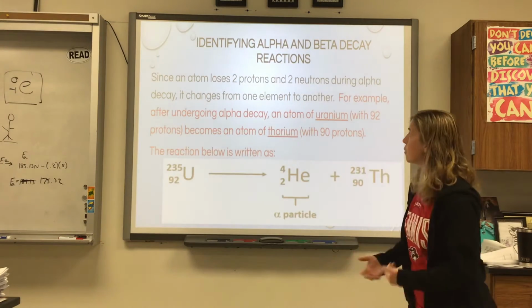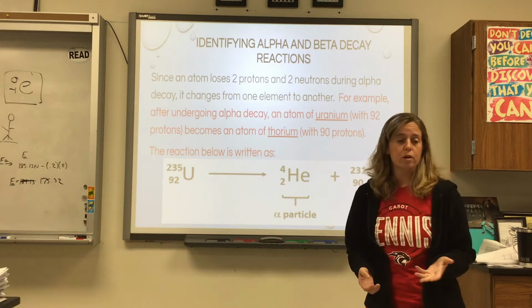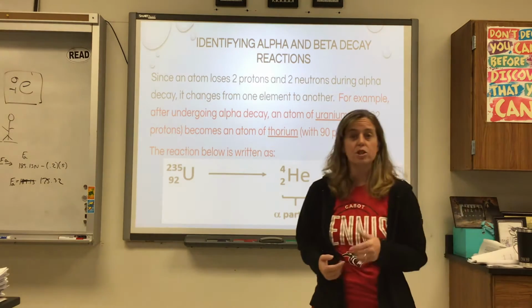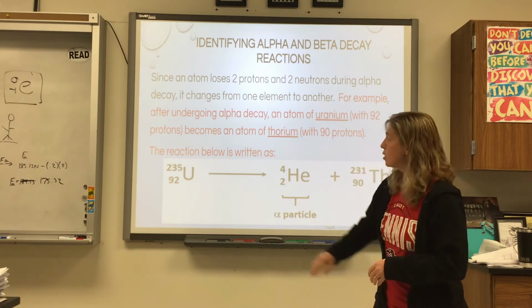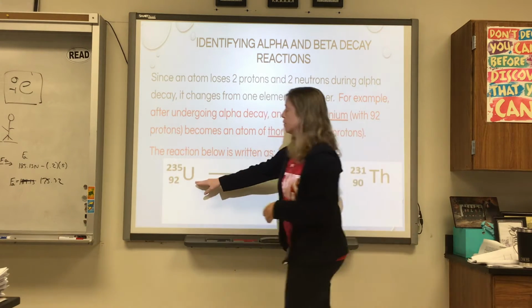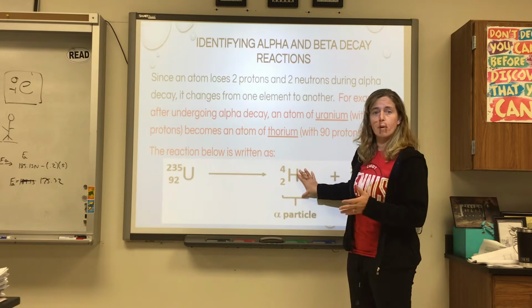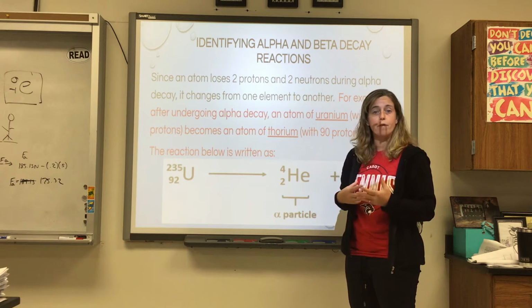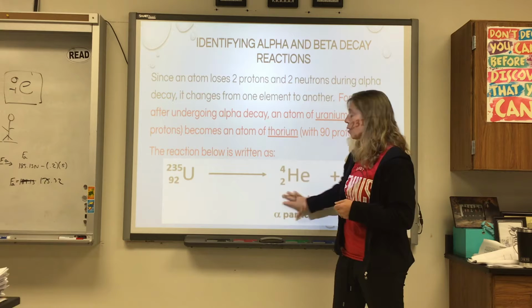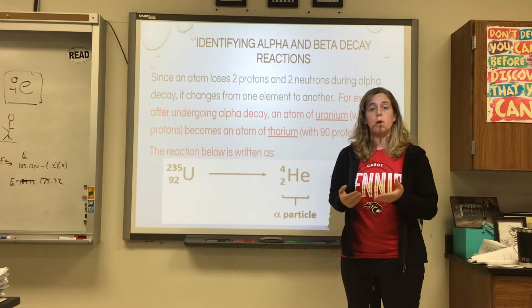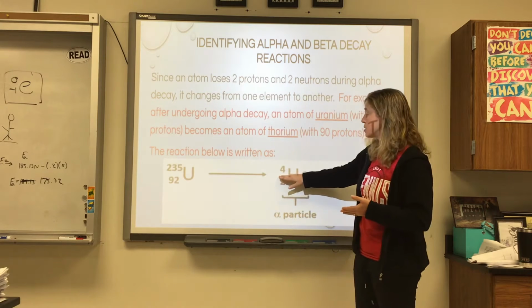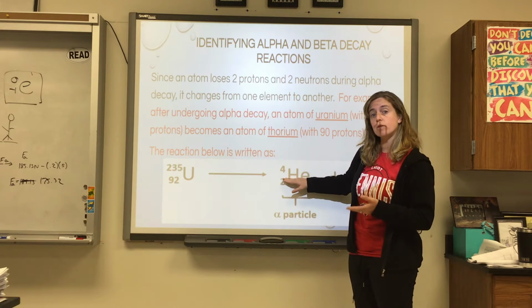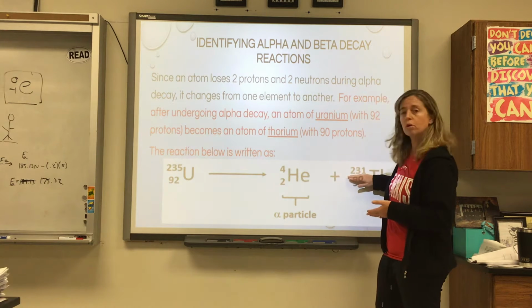Now, since an atom will lose 2 protons and 2 neutrons during alpha decay, it changes from one element to another. So for example, if you have uranium-235 and I shed an alpha particle, that means I'm subtracting off an alpha particle. An alpha particle is a helium atom. So I would say 235 minus the mass number of helium, which is 4, gives me 231.